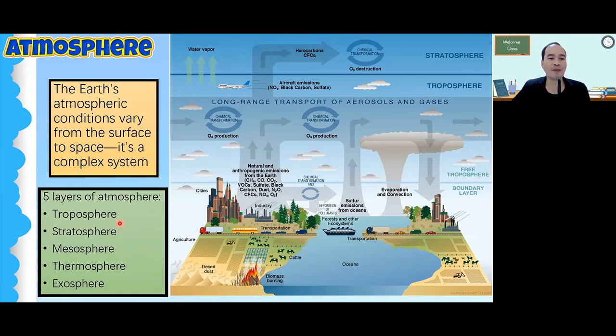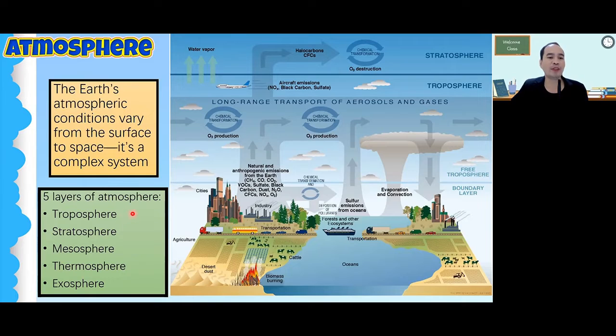But I want to emphasize more the troposphere and your stratosphere because they are mentioned in our picture. Your troposphere is the bottom layer of your atmosphere, meaning it's nearer to sea level as we move up.